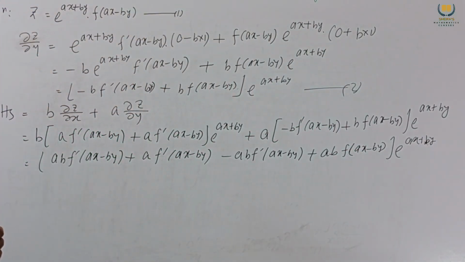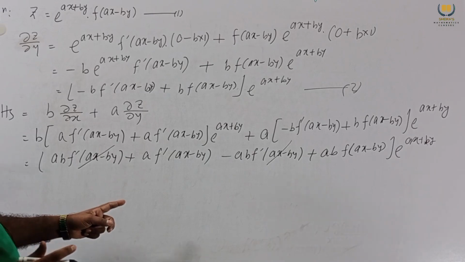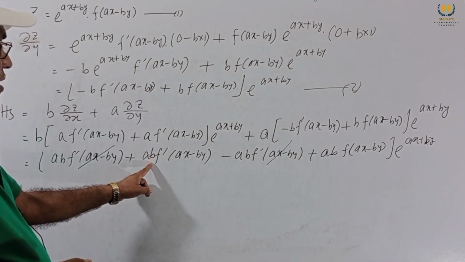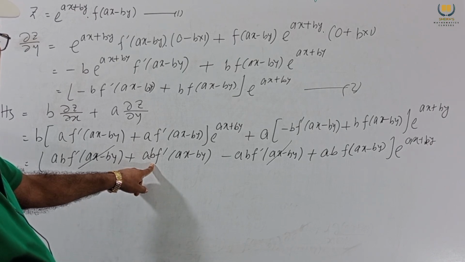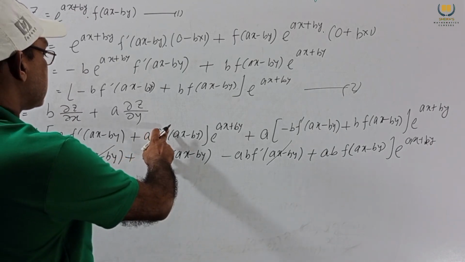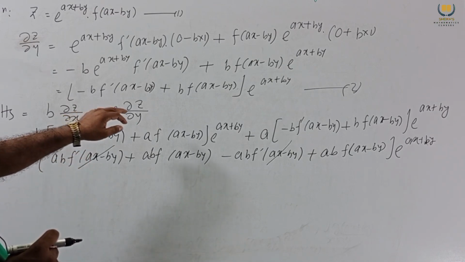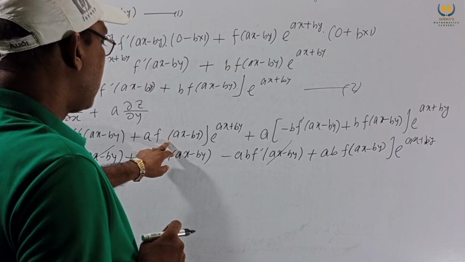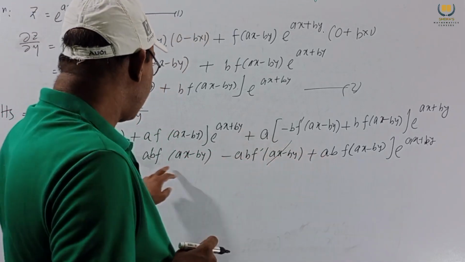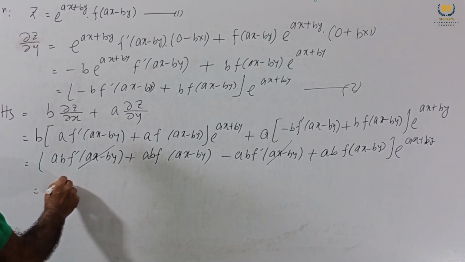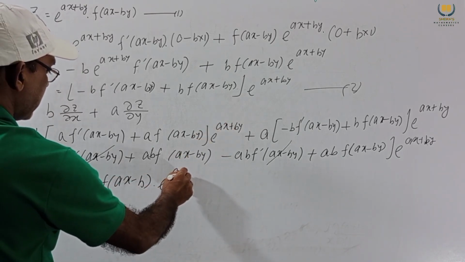Now these two are like terms, so this will be cancelled, and we get ab f(ax−by), this is not f', this is actually f(ax−by). ab f(ax−by) two times, we get 2ab f(ax−by) into e^(ax+by).